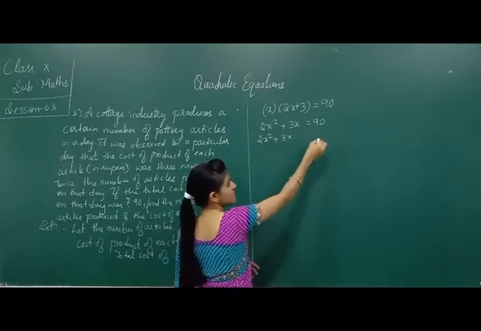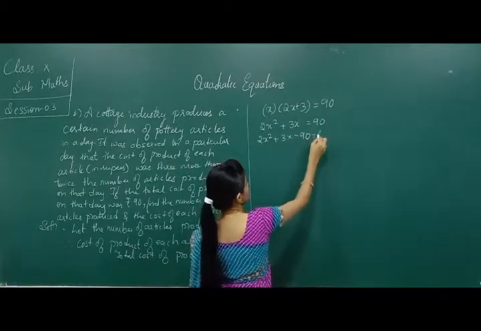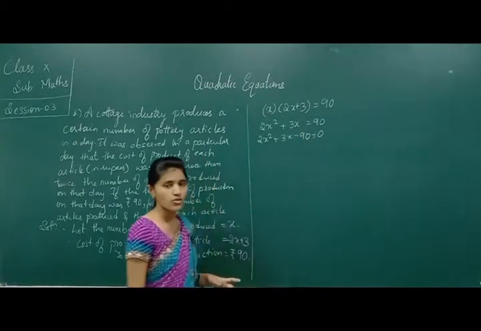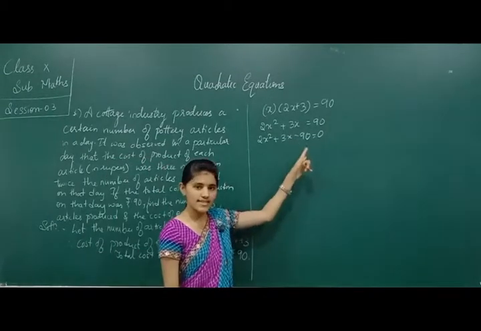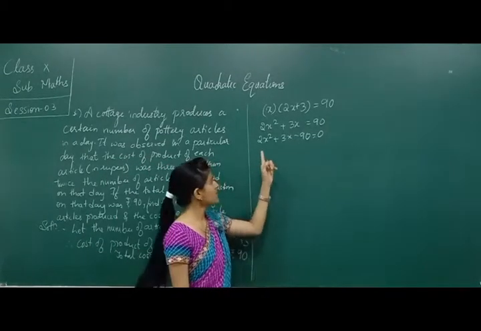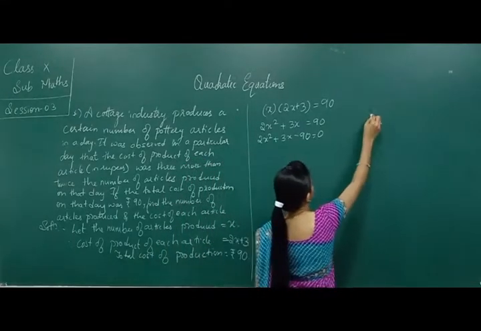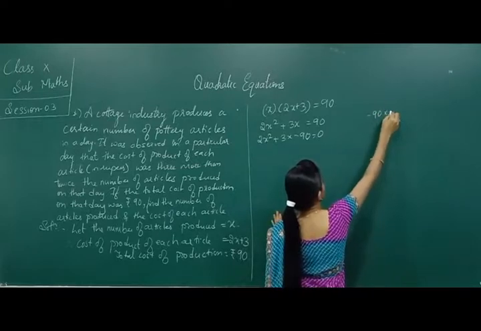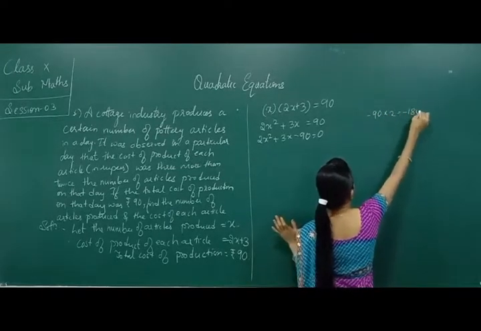Now 2x square plus 3x, if I shift the 90 to this side, it's going to be minus 90, equals 0. Now to find the factors, I should first multiply 90 with the coefficient of x square. What is the coefficient of x square? It is 2. That is minus 90 into 2, which gives me minus 180.